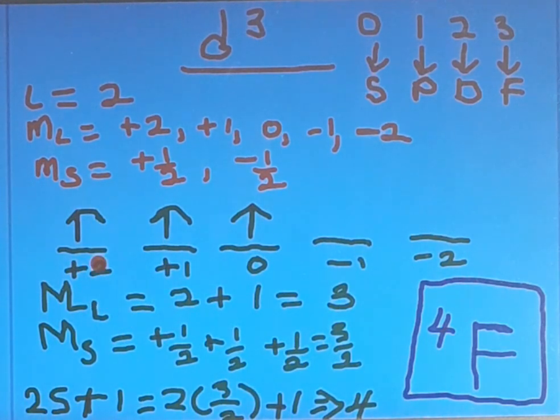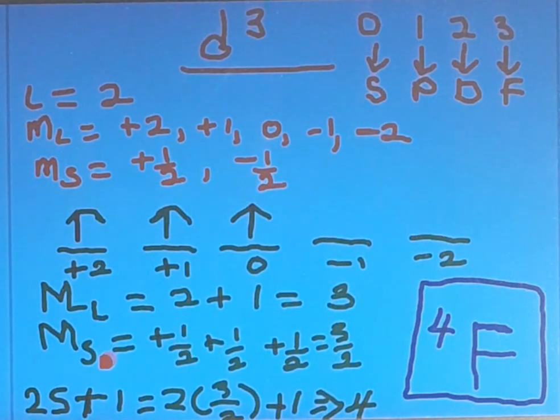The magnetic quantum number of this is plus 2, this is plus 1, here is 0. So we have the total to be 3. So the total orbital angular quantum number is 3. We obtain that by adding the magnetic quantum number of each orbital that contains electrons together.